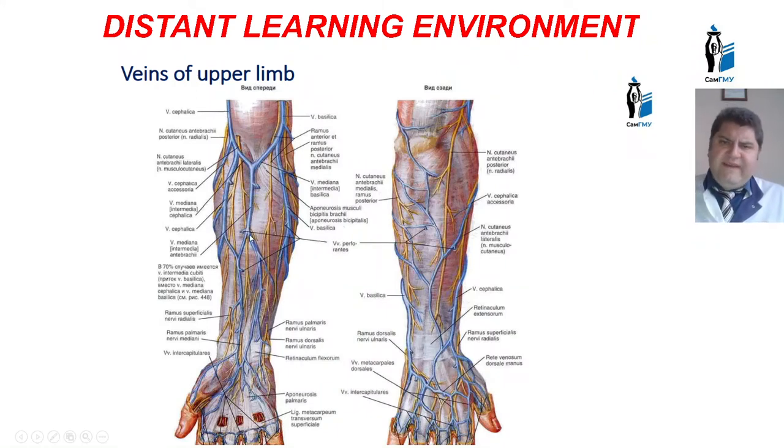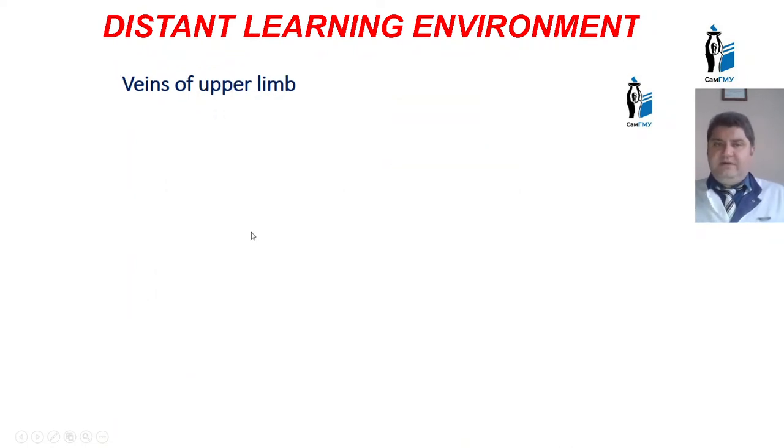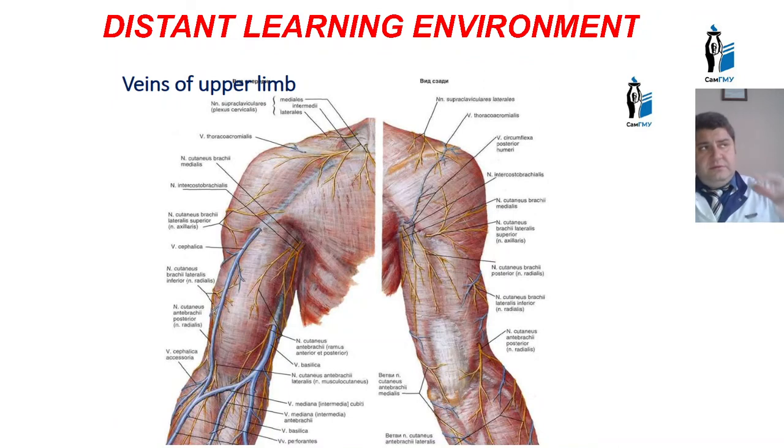And now you may see this second group, not only superficial veins as I told you, but a second group of veins you may see here, which penetrate the fascias, and you may see perforant veins here, which connect the superficial veins with deep veins, but we will talk about deep veins some later. Now at this picture you may see the lateral vein and medial upper limb veins.